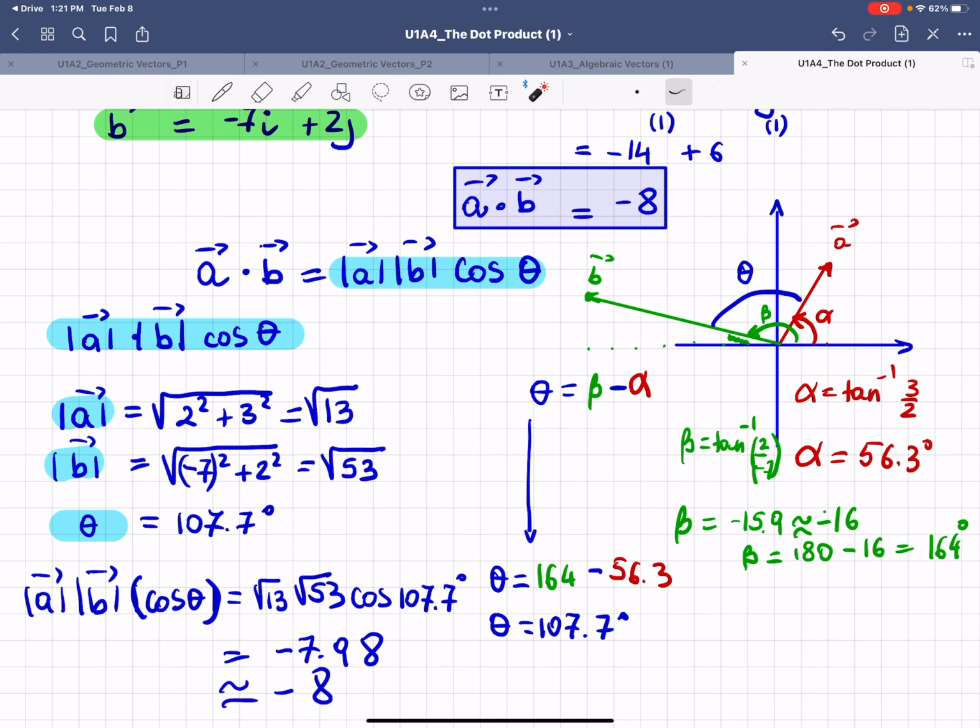You probably understand the reason why we didn't get exactly negative 8, as we did with multiplication in standard form. It's because of a lot of rounding that happened as we were trying to calculate it.